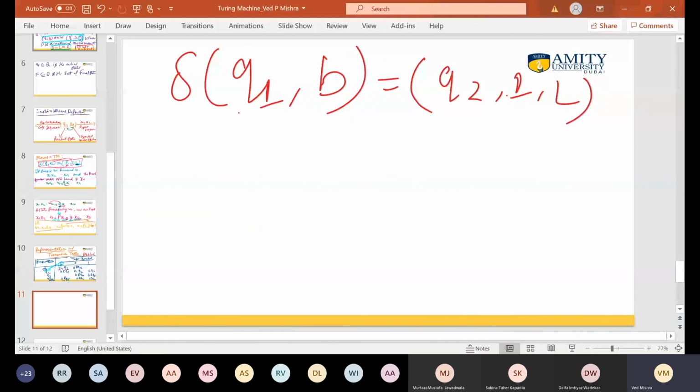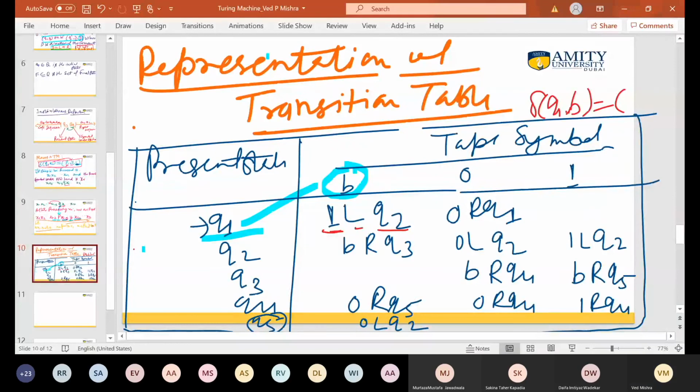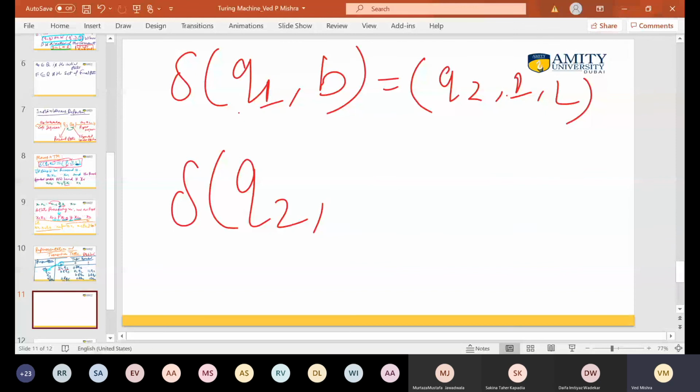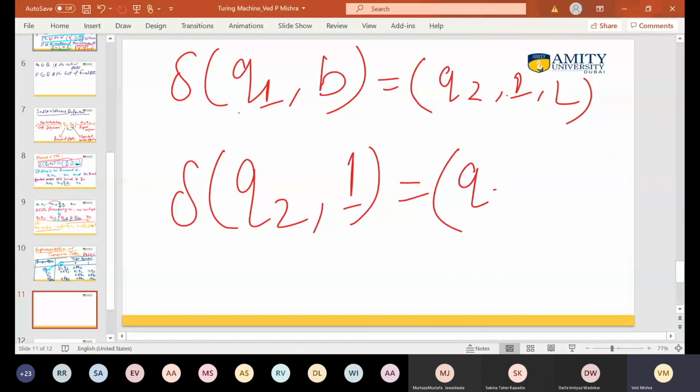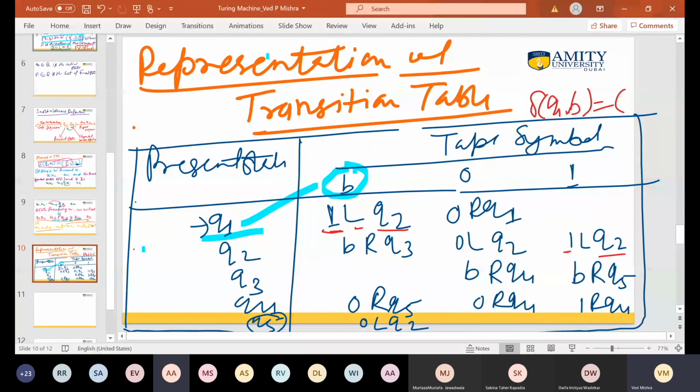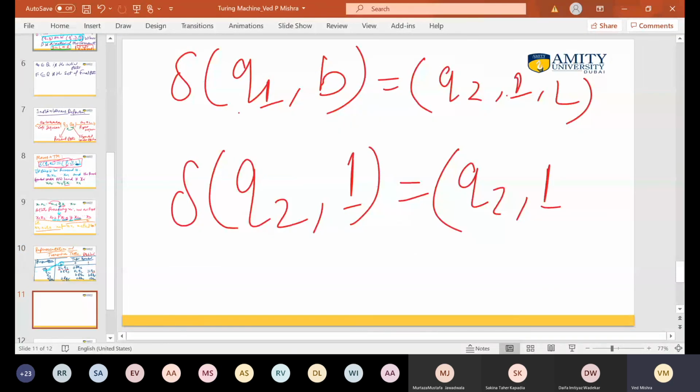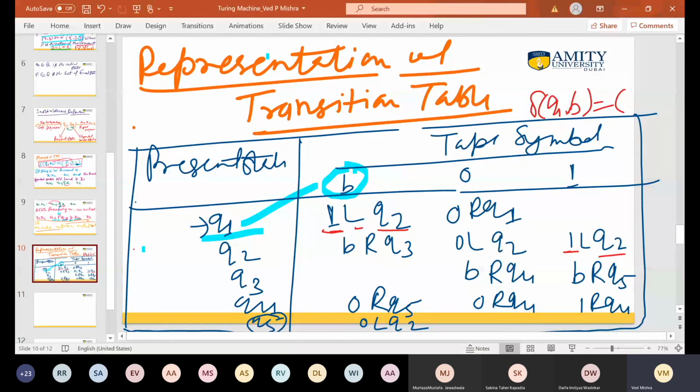Now let's take one more example. Delta Q2 1. Q2 with 1 is becoming Q2 only, and 1 is becoming 1, and it is moving left.